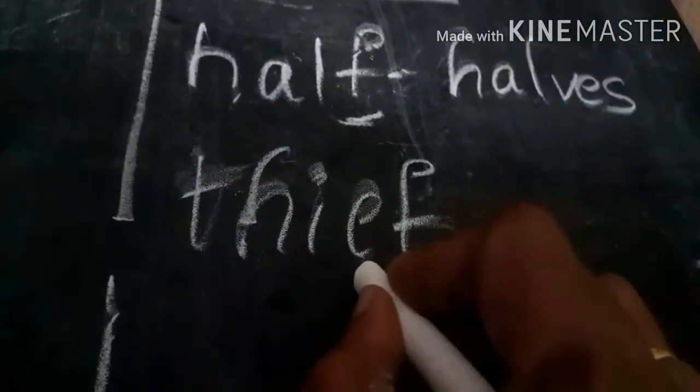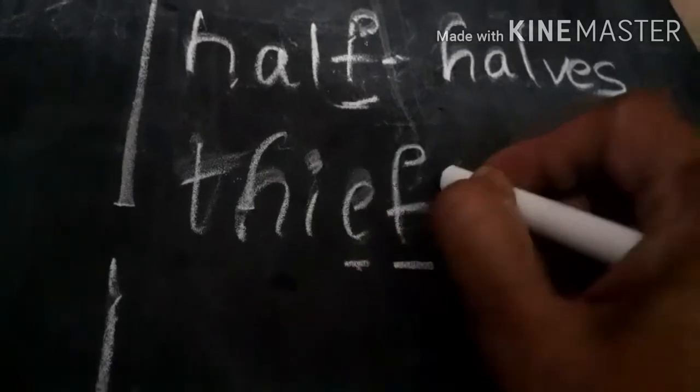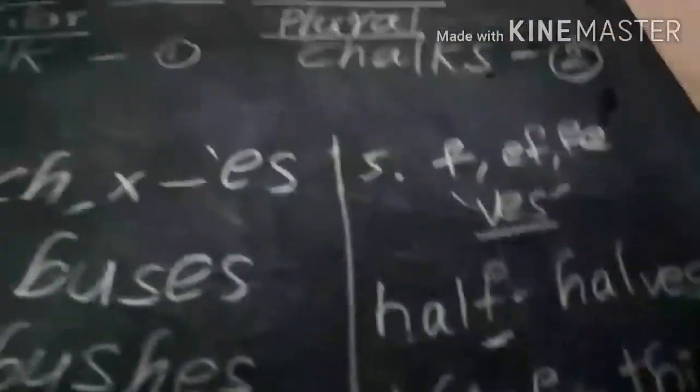Next, thief, THIEF. Here this word is ending in EF. Here also we write THIVES. Thieves. Yes children, THIEVES. Only F becomes VES. Yes children, like that we have to make plurals. Yes children, this is the sixth one.